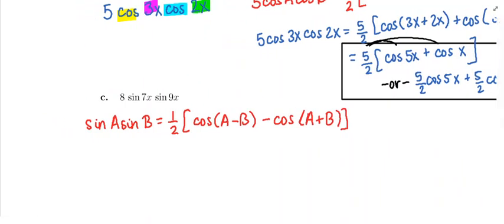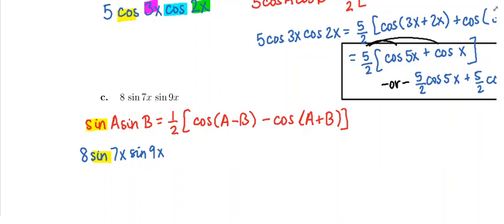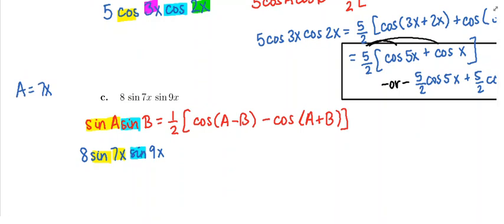I'm going to go ahead and write our expression down. We've got 8 sine of 7x times the sine of 9x. I can match up the signs on the left and the signs on the right. And then A here is going to be 7x, and B is going to be 9x.